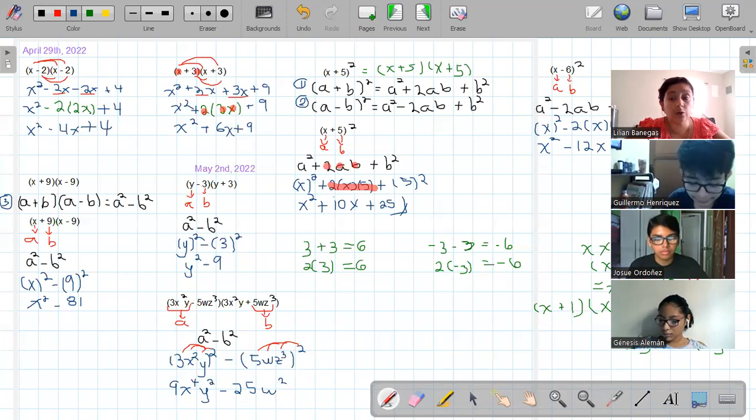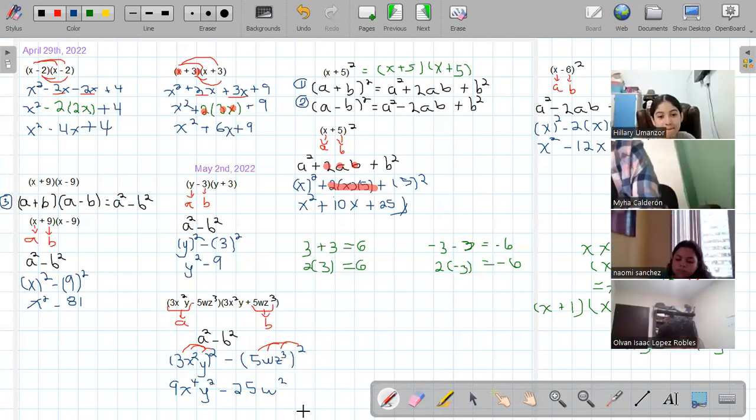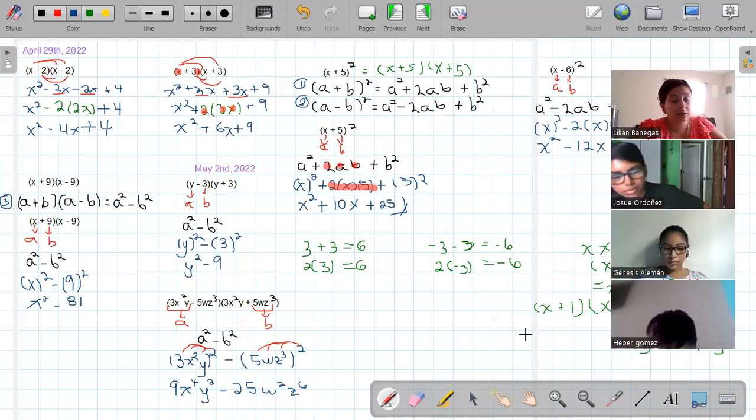And z cubed to the square? Z to the 6th power. Very good. So that is it. We don't do anything else.